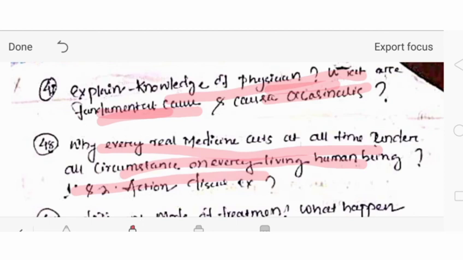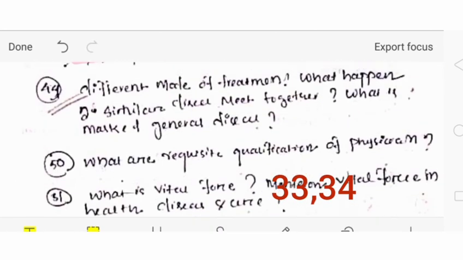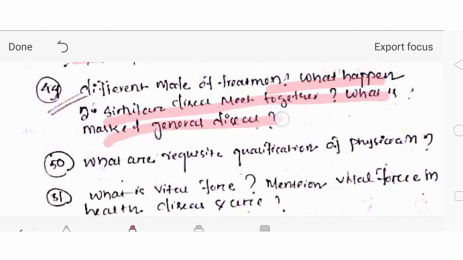So this question on the medicinal property, the aphorism is in the Organon book, and it is on the screen. You can go through this aphorism and write it. Now, the mode of treatment when dissimilar diseases meet together, Marx venereal disease. You go through this aphorism.